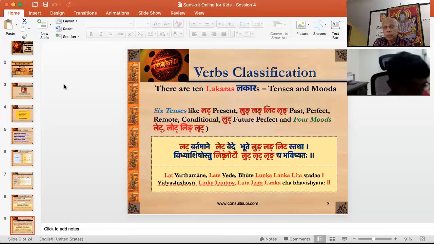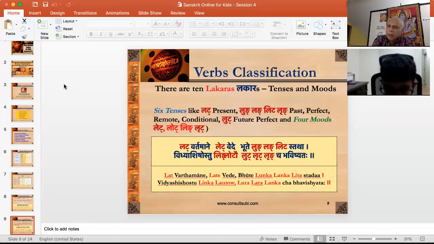Here also you have a very interesting verse. Lat vartamane, late vede, bhute, lunka lanka litastada. Vidyasi shostu, linka lato, luta lata lankacha bhavishyataha.